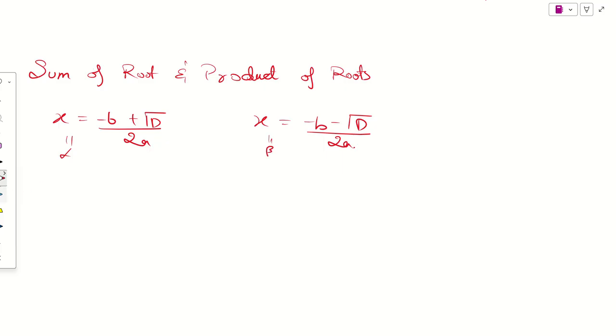If I do not assume alpha and beta and just do the sum of the roots, it is just addition of these two, 2x, right? But x is already in your equation, and in the equation your x tells you about the roots. And here this 2x tells you about the sum of the roots. So it will be confusing to define two things with the same symbol, right? So we are taking alpha and beta here. If we do the sum of the roots, we have to add these two.